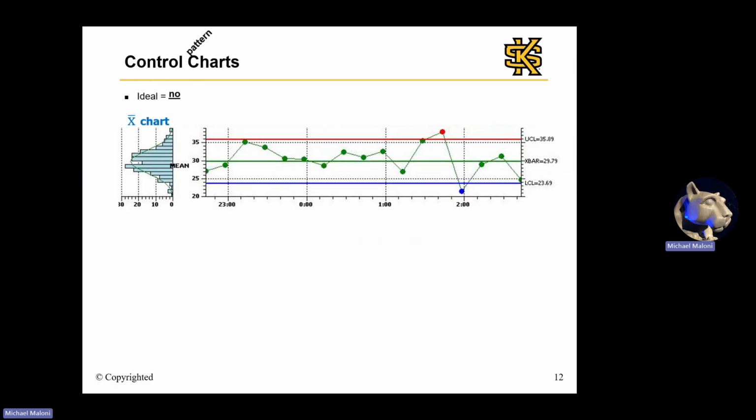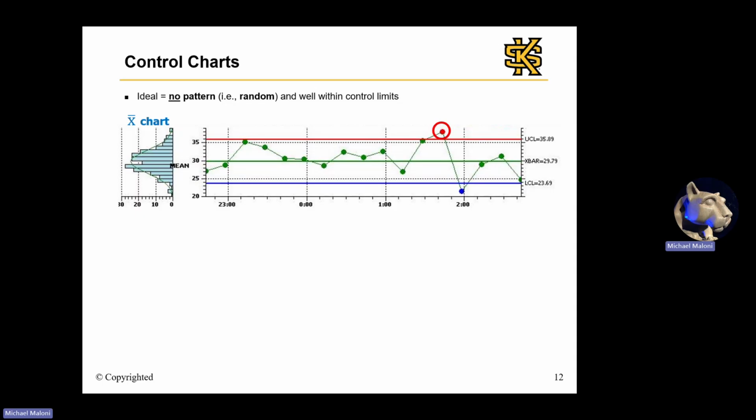What do we want to see on these charts? Well, ideally, we want no pattern. The data should look random, and then all points should be within control limits. In this X bar chart, for instance, the points look, well, relatively random, but we do see 1 point beyond the upper control limit, the UCL, and that doesn't look good.